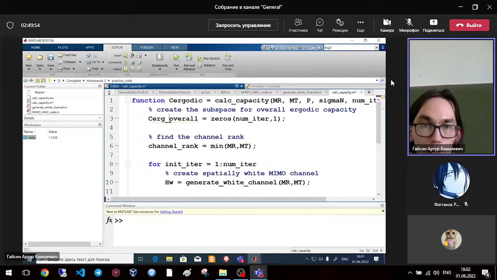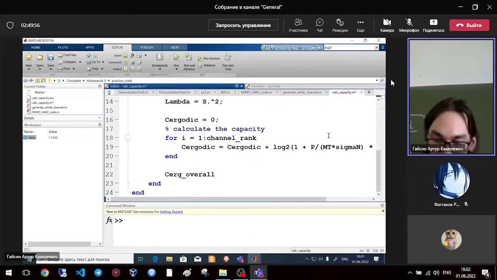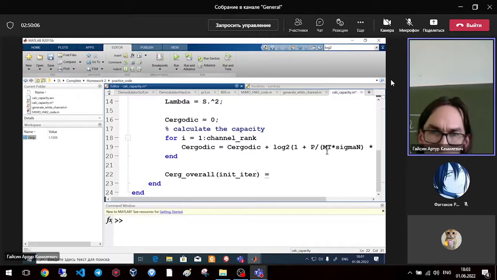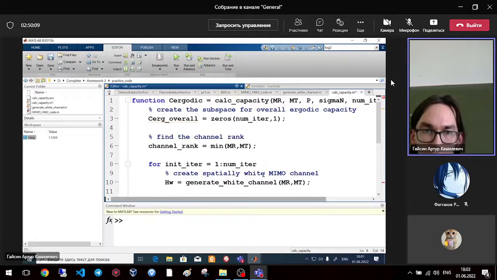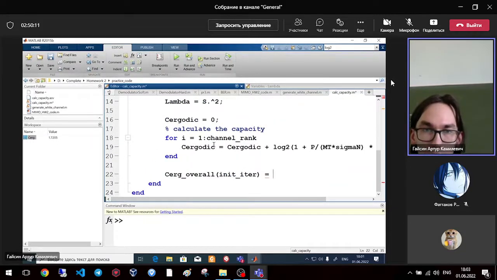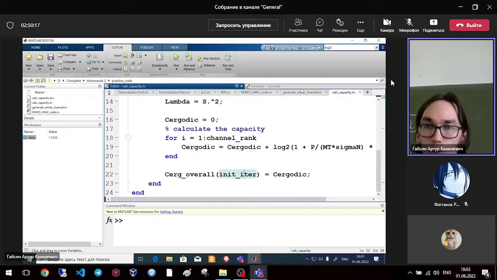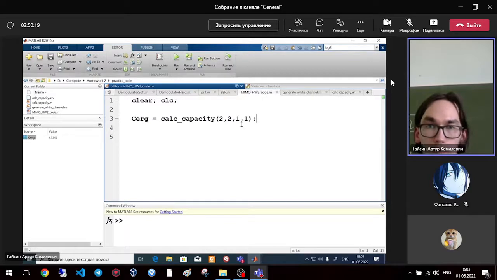So we should add C ergodic overall here and put for this init iteration. Yes, init iteration. We save this. So maybe let's check one more time this code, and let's put, for example, 100 values here.